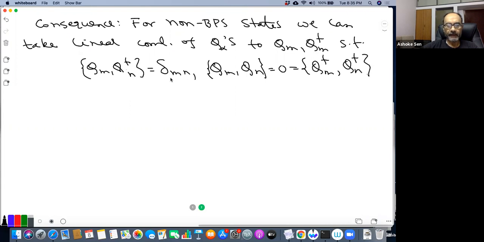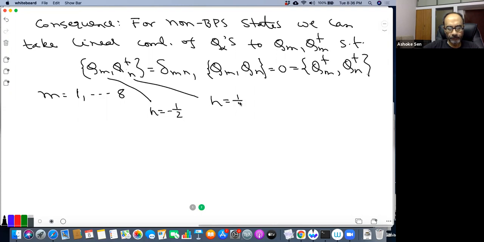This is basically diagonalizing the matrix and introducing complex combinations of the supersymmetry charges. M here runs from 1 to 8, because the 16 real supersymmetry generators are being made into complex ones. We can also choose these Qs in such a way that these have h equal to minus half and these have h equal to half.